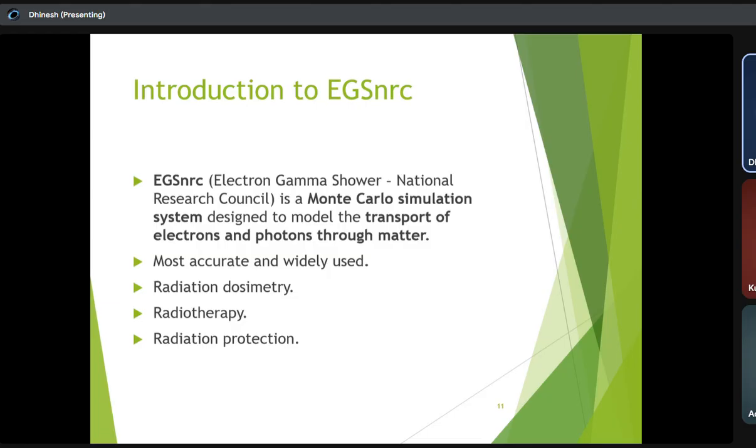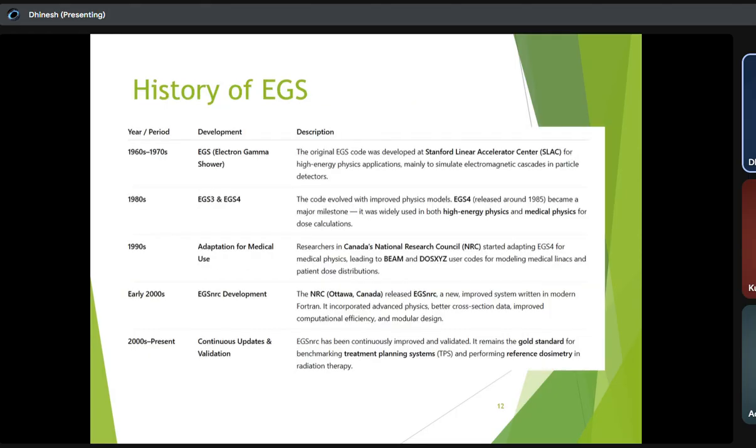EGSnrc stands for Electron Gamma Shower, National Research Council. It's a Monte Carlo simulation system designed to model the transport of electrons and photons through matter, which gives very accurate calculations, and it has been widely used for radiation dosimetry, radiotherapy, and radiation protection. This is the brief history of EGSnrc.